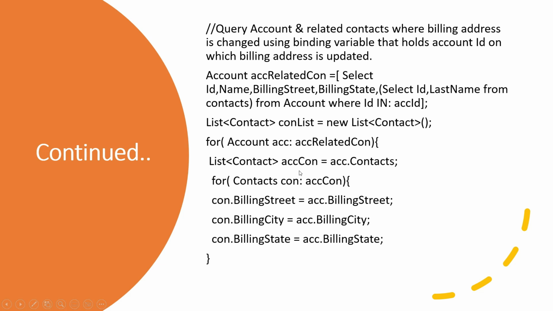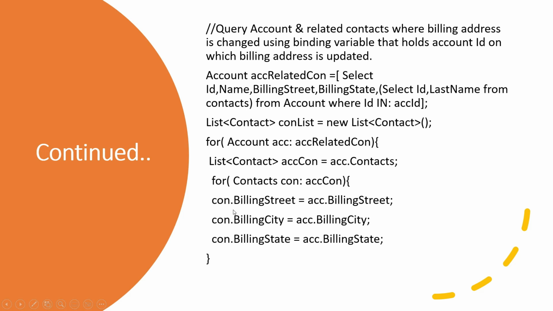And list of contact accCon, so we get the related contacts through acc.Contacts. acc.Contacts will get all the related contacts and store them into this con variable. So now we will have all the related contacts within this for loop.